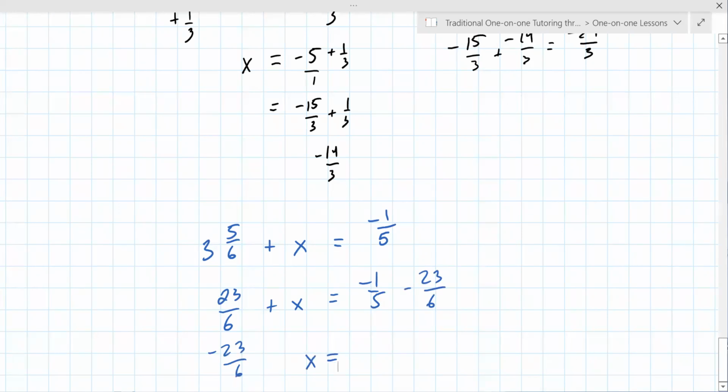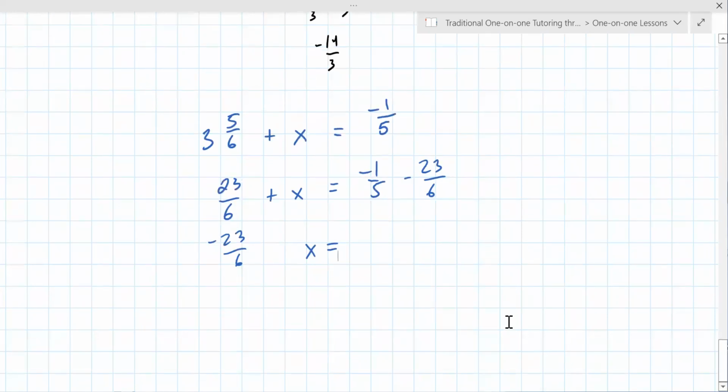So again, you got to make a common denominator. So it's going to be 30 this time. So that's multiplying the top and bottom by 6, so -6. On the right, you multiply by 5. And you have 115. I cannot believe these numbers.